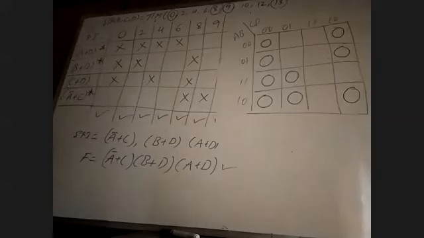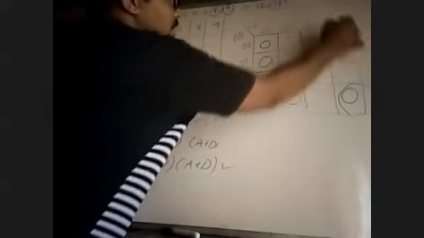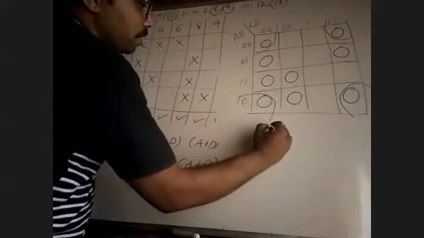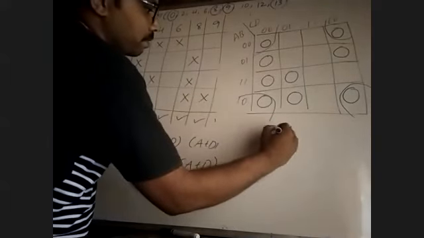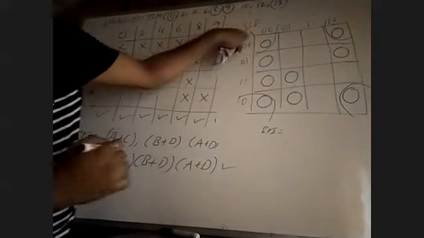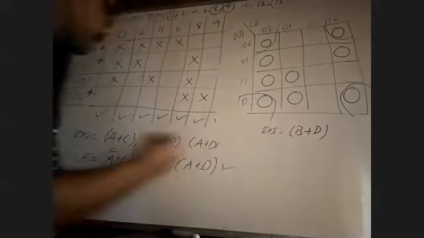Now identify the solution. Four corners. To cover this term, I have to select the four corners. No doubt in that. Therefore, my essential prime implicant equals B0, B0. That is, B plus D is the first essential prime implicant.